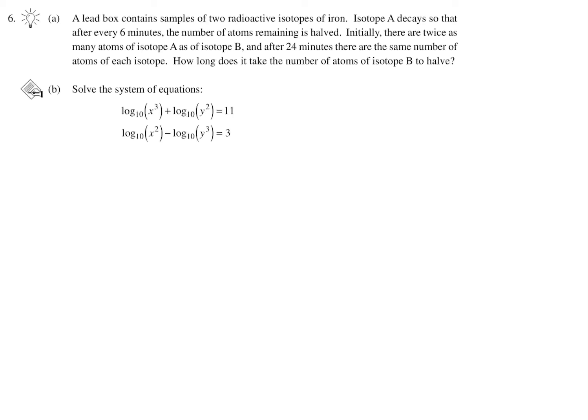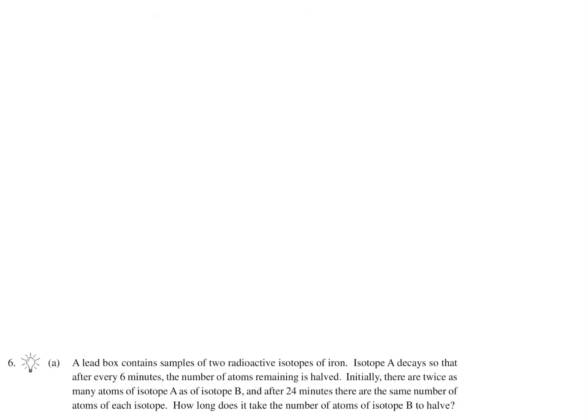How long does it take the number of atoms of isotope B to halve? So you have isotope A and isotope B, correct? And the first one has a half-life of 6 minutes, and they want you to find the half-life of B.